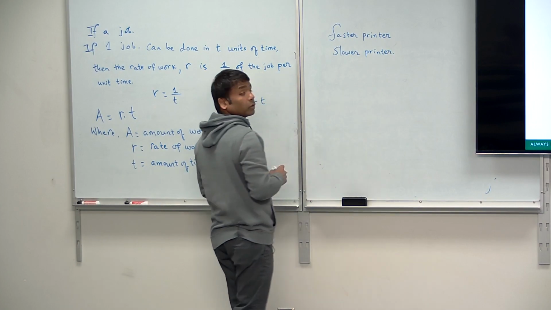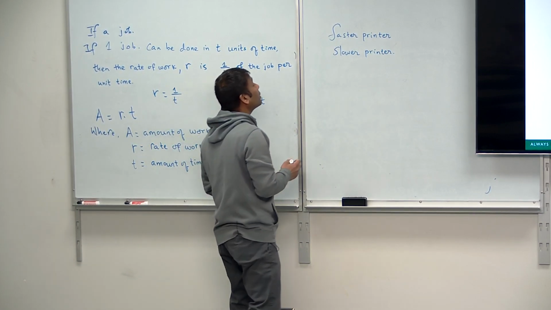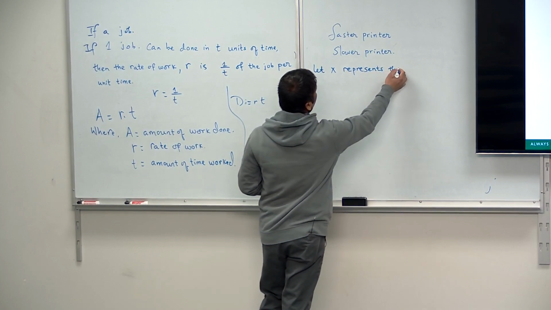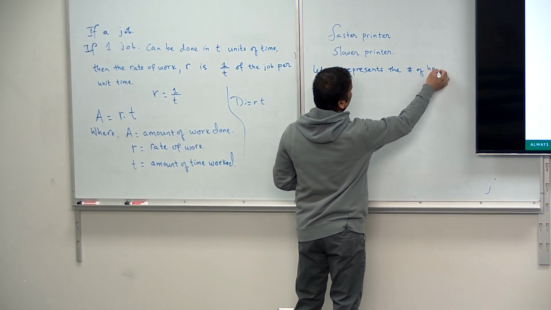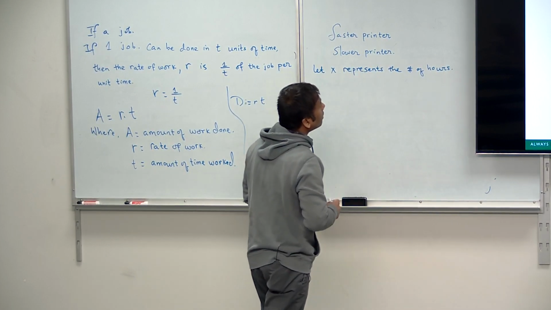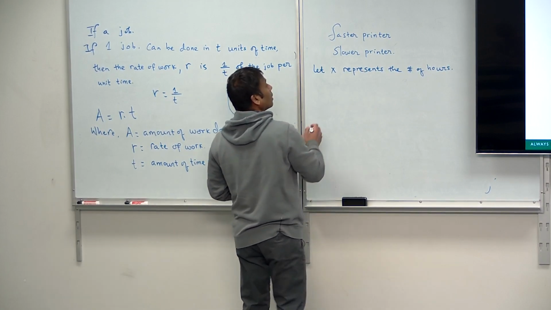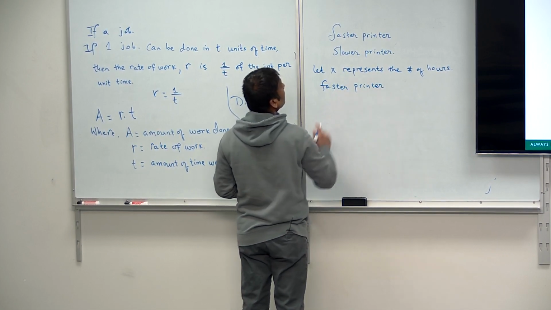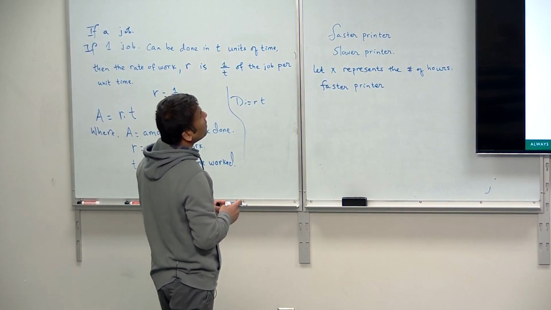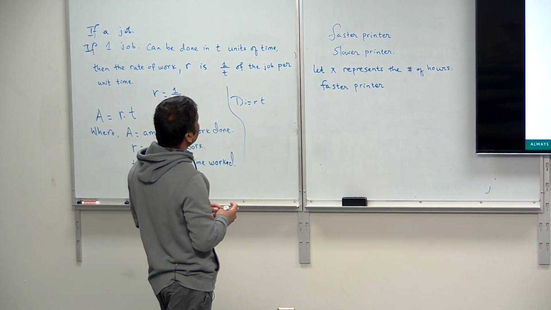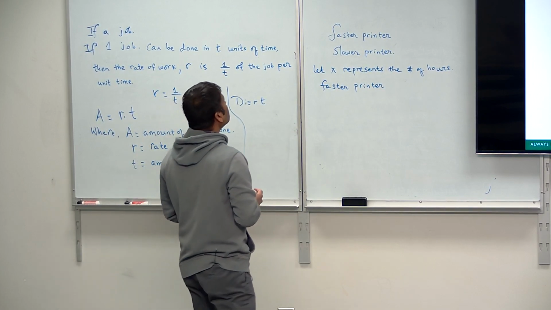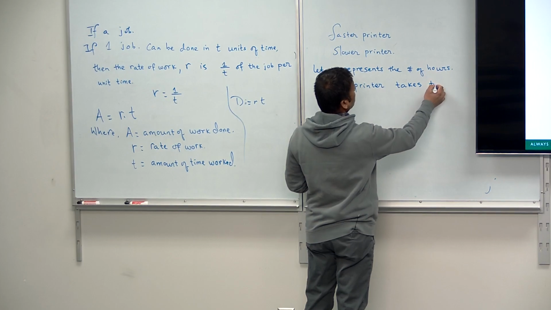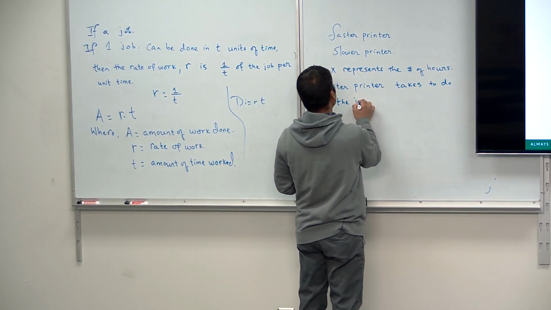So I will assume, let X represent the number of hours the faster printer takes to do the job working alone.